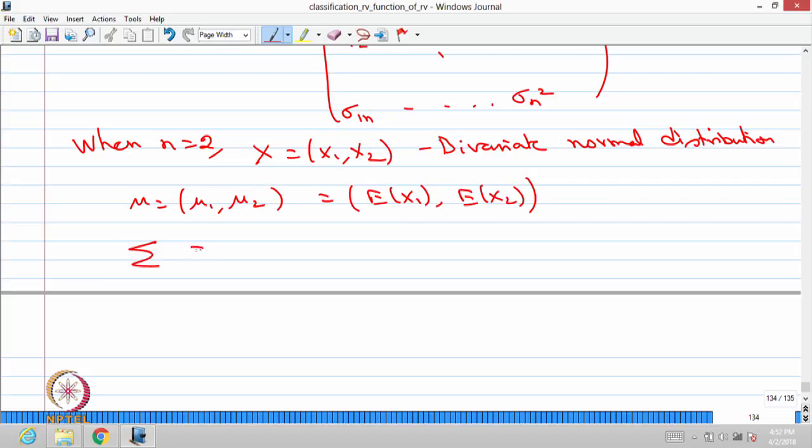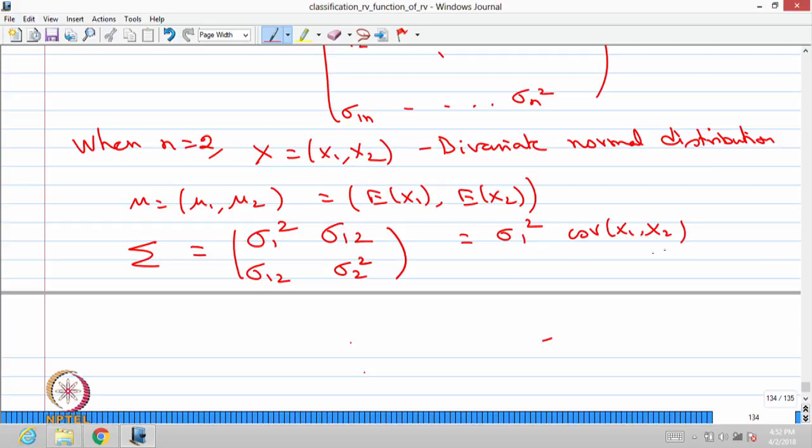And the summation matrix, that is the covariance variance matrix, is variance of x1, covariance of x1 x2, covariance of x1 x2, and variance of x2. That is sigma 1 square, covariance of x1 with x2, covariance of x1 with x2, and variance of x2.